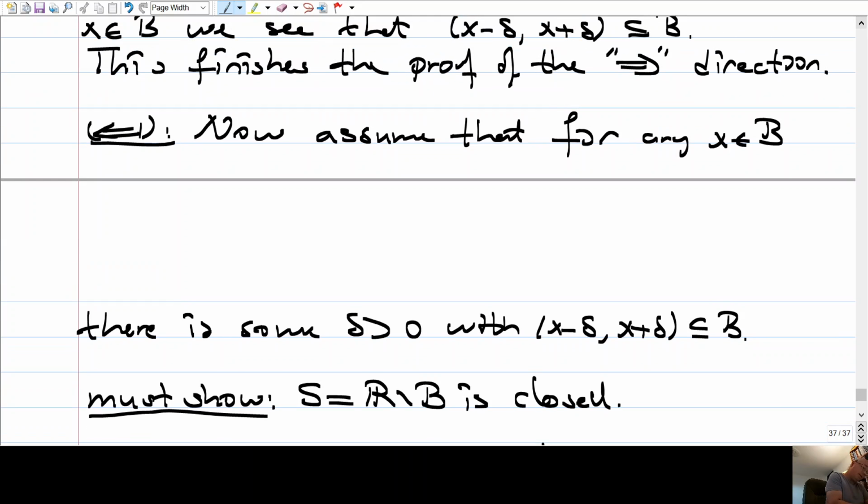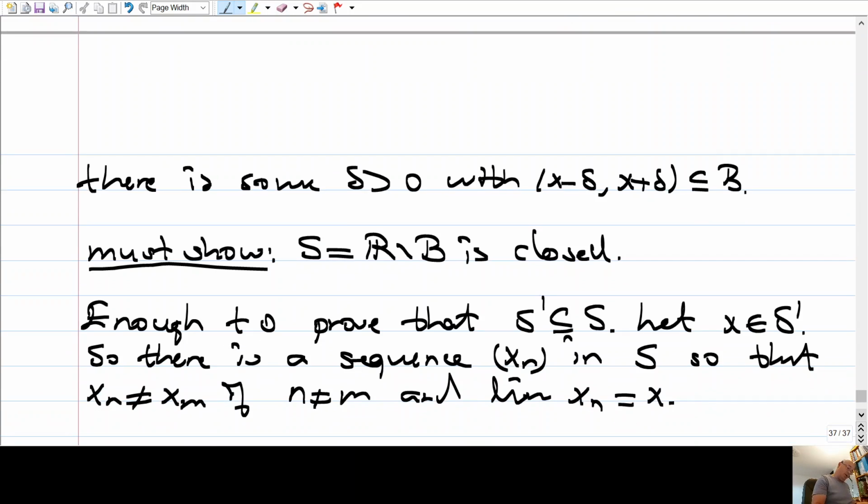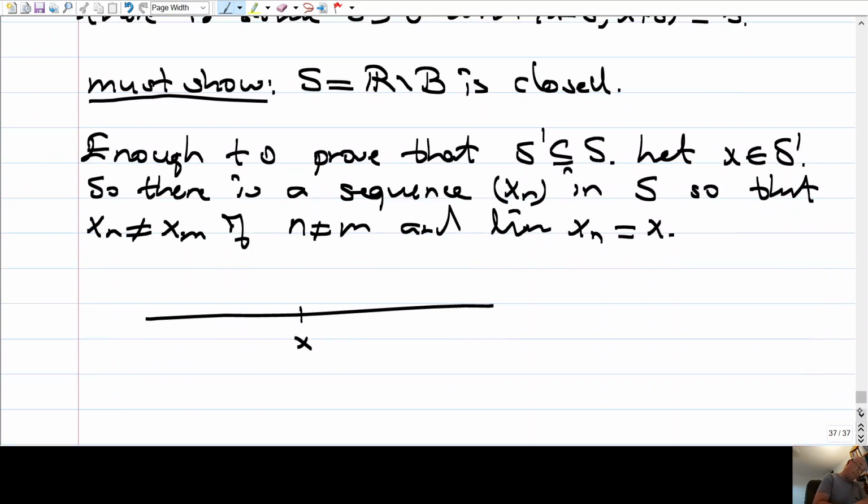Now we assume that there is some delta, so that this is inside B. We must show that R minus B is closed. So let S be, okay. I don't think we need this. One second. S is inside.